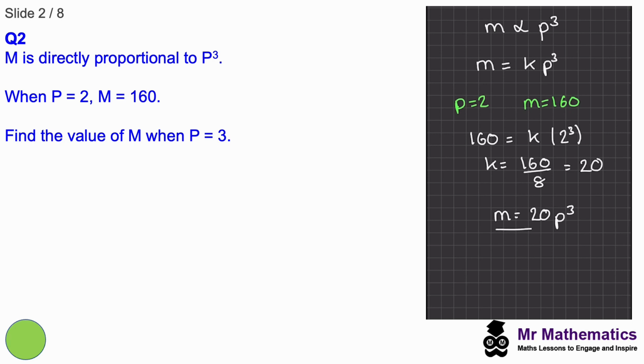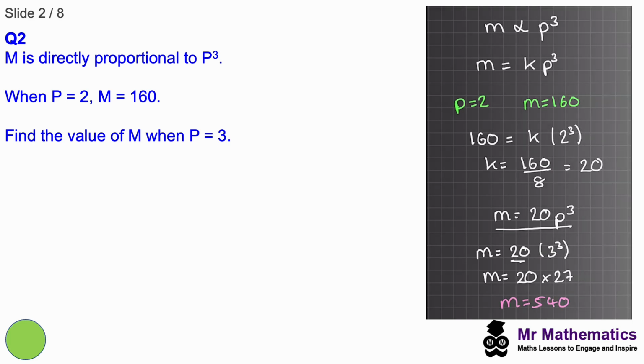And we can use this equation now to work out m when p equals 3. So we'll say that m is equal to 20 multiplied by 3 cubed, which is 20 multiplied by 27. So m is equal to 540.